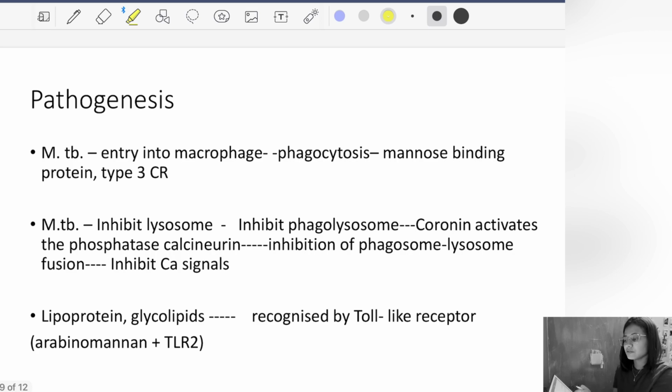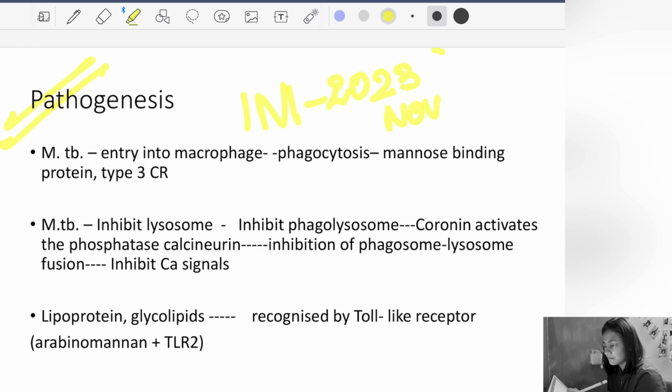After this, coming to the pathogenesis. So this is a bit important. I would like you to remember this, because from here is what the INI question of 2023 November had come. So let's star mark it. So how does Mycobacterium tuberculosis enter?